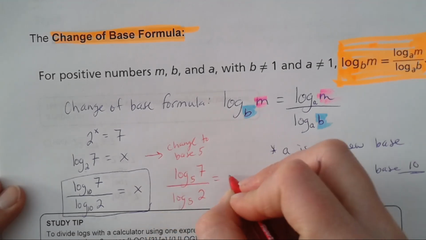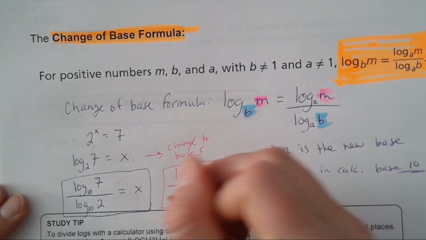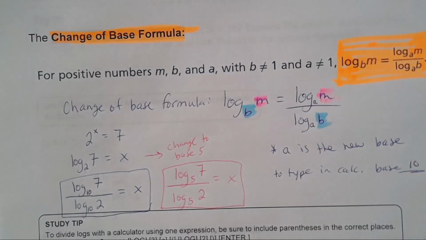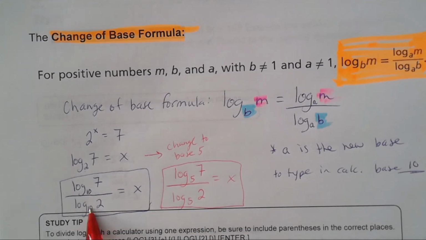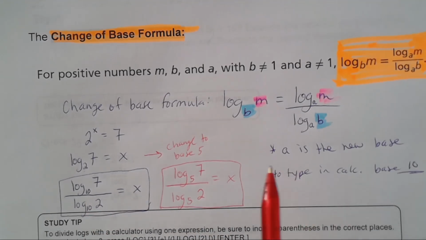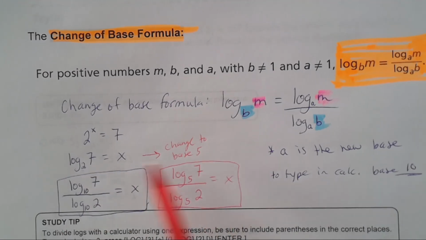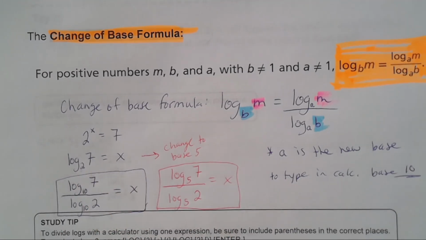Now I couldn't type that in my calculator, but I might want it in base 5 for some reason. So this little a will change depending on what they tell you, or it could be any number, but you know that the 7 goes on the top and the base goes on the bottom. So this is a quick thing.